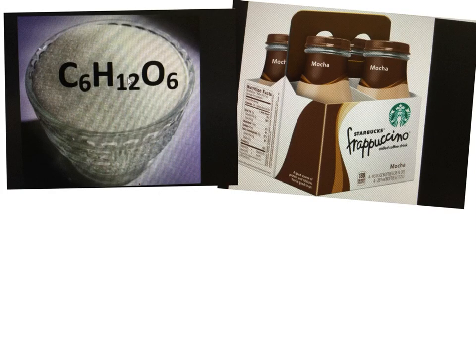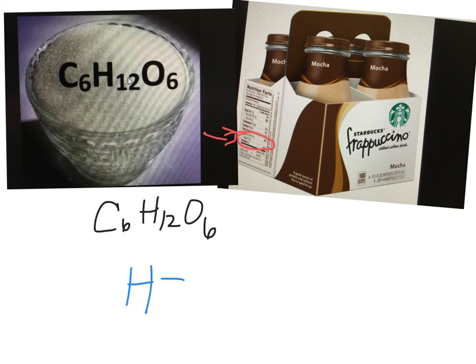Okay, let's do one more. Coffee has sugar in it. Okay, there's an ingredient right there. So your chemical formula for sugar, or sucrose, is C6H12O6. So let's go ahead and get the percent composition of, let's say, hydrogen. Now, remember, the total weight of hydrogen must be on top.